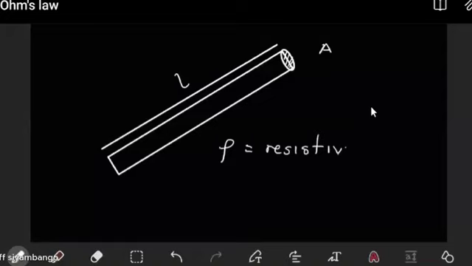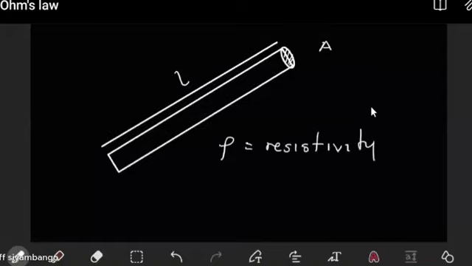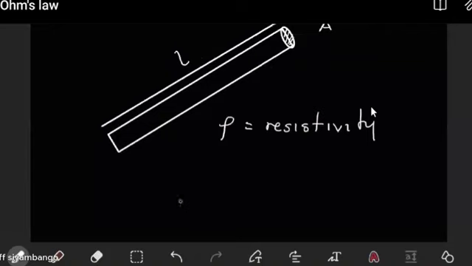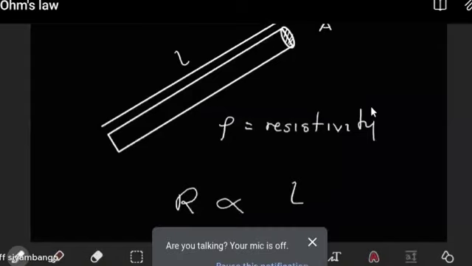Now with this, we can come up with a definition of resistance in terms of the length of the material. Resistance, should you need this formula, can be calculated if you know the length of the material. It will be directly proportional to the length of the wire or conductor through which the current has to flow, but inversely proportional to the cross-sectional area of the material.